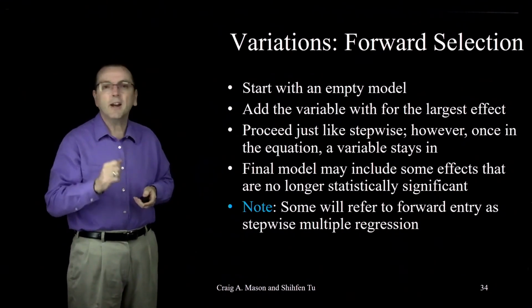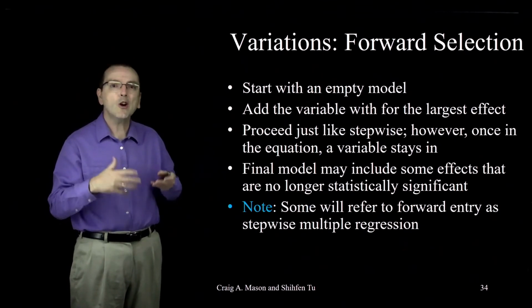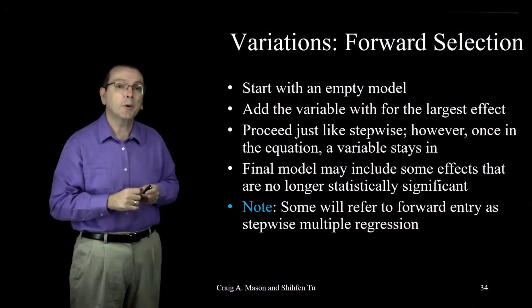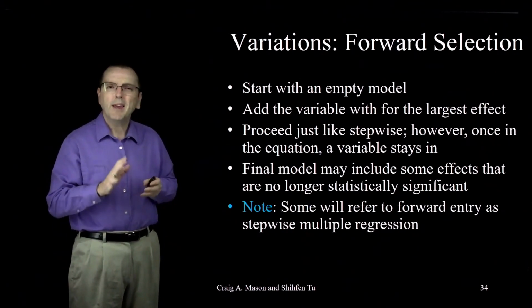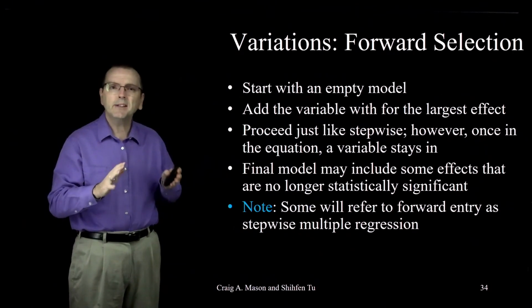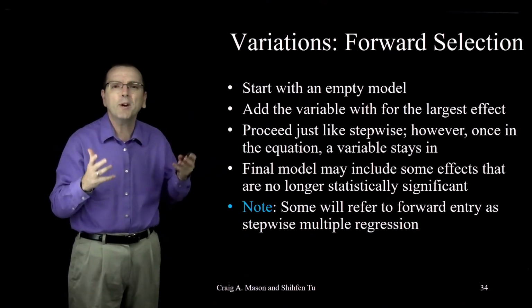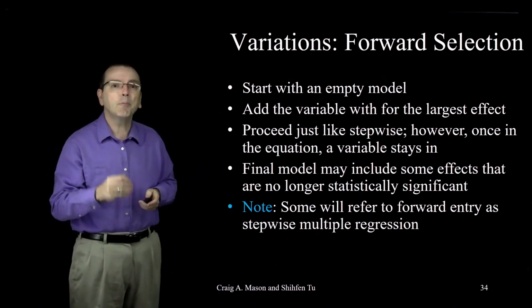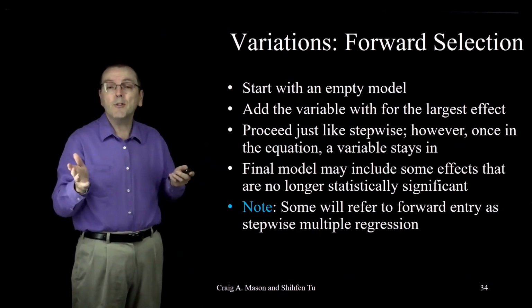Consequently, forward selection may produce a larger model than you may have obtained if you just did a straight stepwise multiple regression. So it's an approach one might consider, for example, if one is looking for a comprehensive list of possible variables for further investigation.